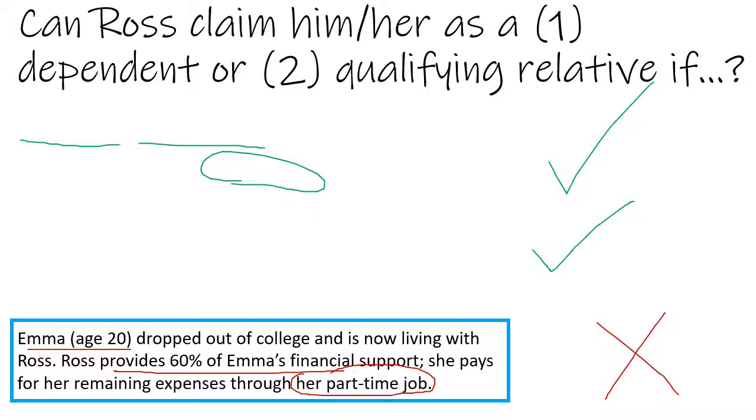If 40% of Emma's financial support is less than $4,150, Ross can claim her as a qualifying relative. However, the tax law hinges on conservatism. If you don't know the information, err on the side of caution, which means Ross can't claim Emma as a dependent.